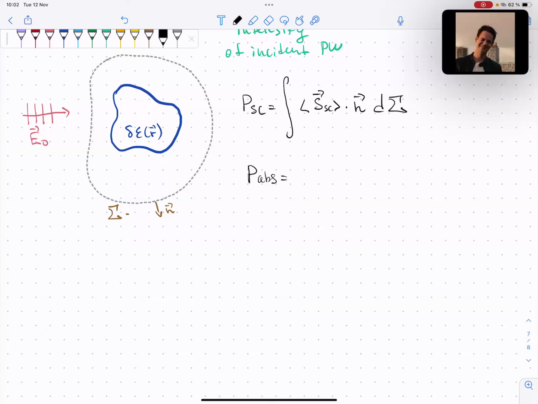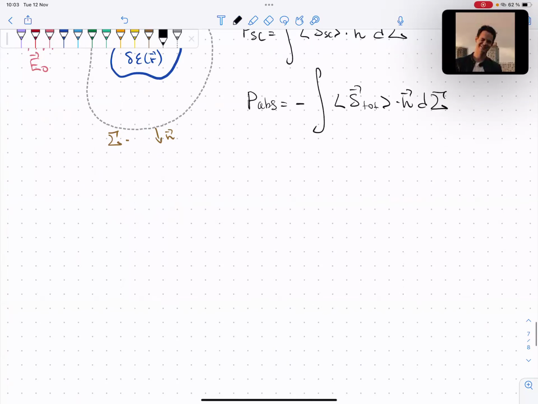So to calculate the absorbed energy, we can calculate the difference of incoming and outgoing energy. In this case, we can calculate the integral of the total Poynting vector with a minus sign, because we want to calculate the rate of change of the energy, which is incoming here.